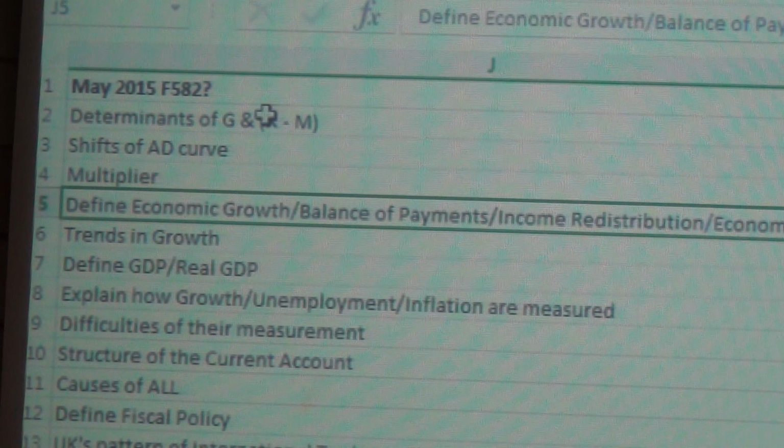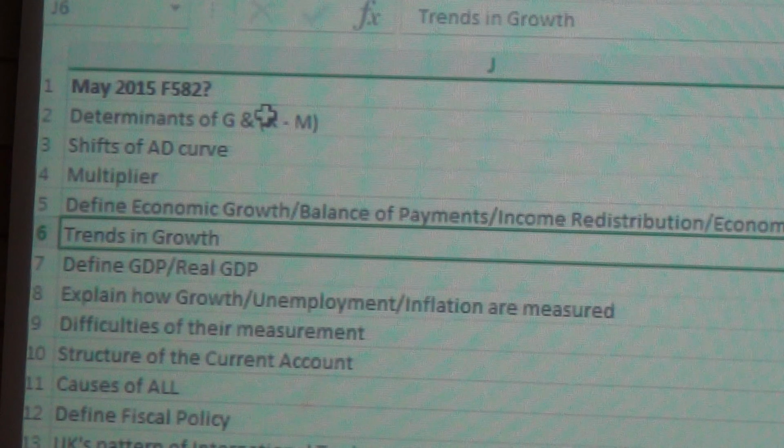Now, income redistribution, as far as I can remember on this specification, has never been really assessed, so that's certainly something worth considering. And define the term economic stability. Now, interestingly, you won't actually find that definition in the AS textbook. You need to look to the A2 one for that, but it is on the AS specification.